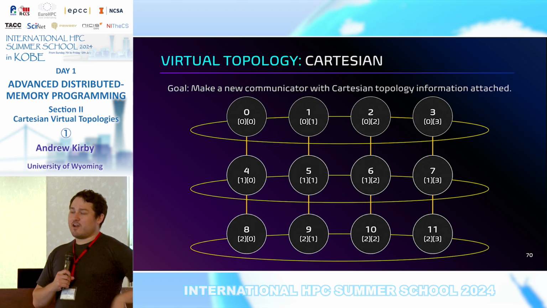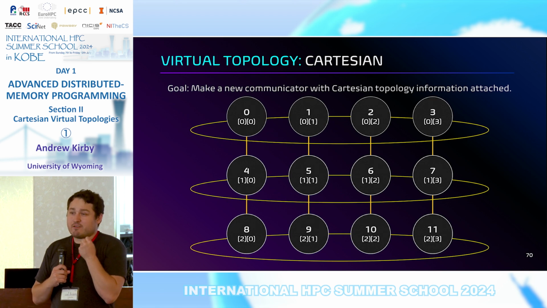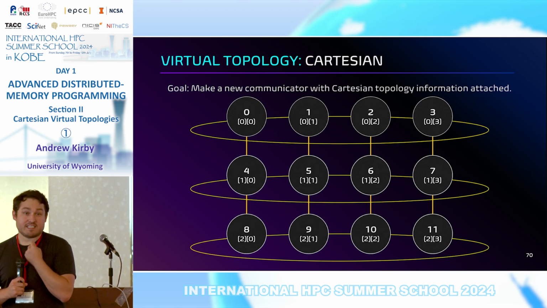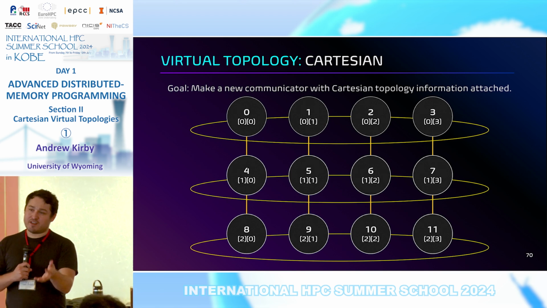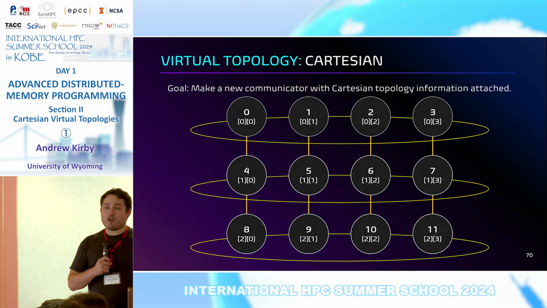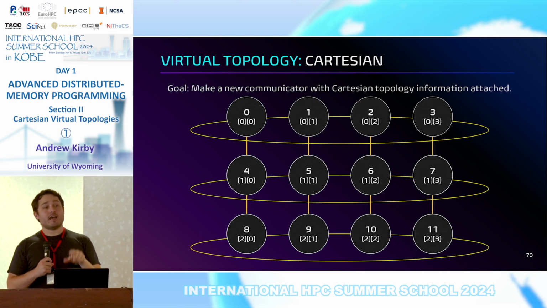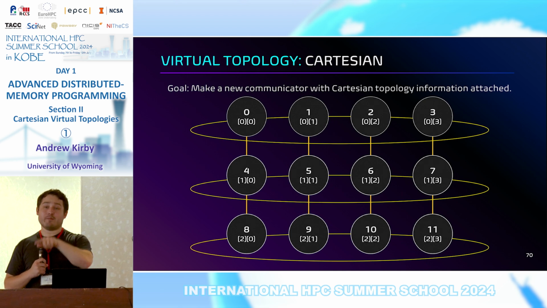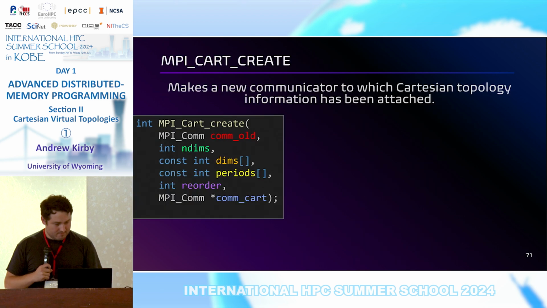That way, if you call MPI all reduce on your tiny sub-communicator, you only communicate with the people you need to talk to, instead of everyone. We can do the same thing with a Cartesian virtual topology: because it's Cartesian, I only have to talk to my 4 neighbors, for example, or in 3D, 6 neighbors.